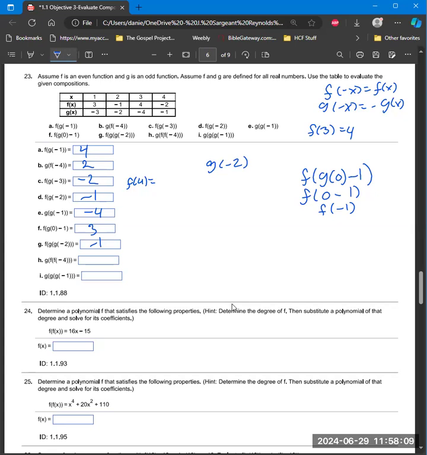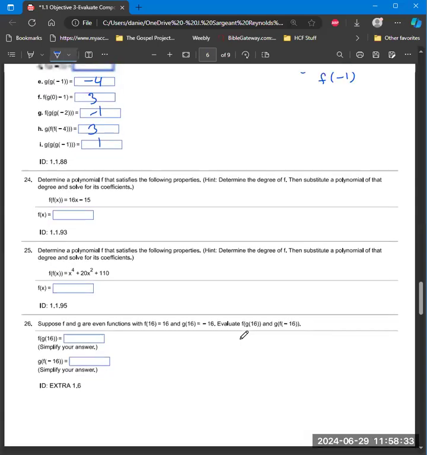And g of -1 is a +3. g of -1, that's 3. g of 3 is -4. g of -4 is a +1.